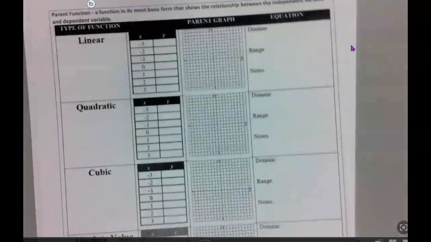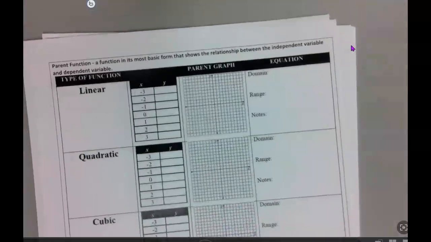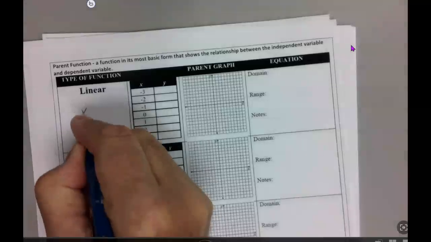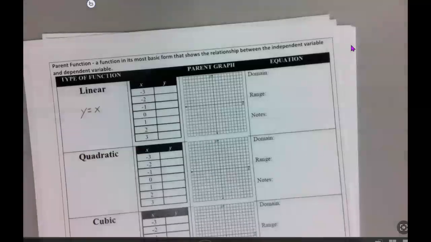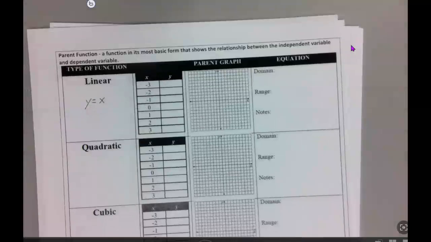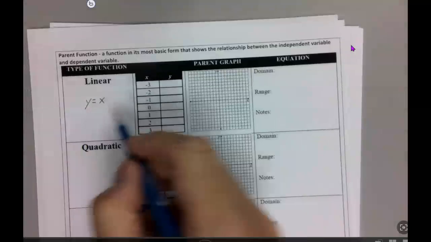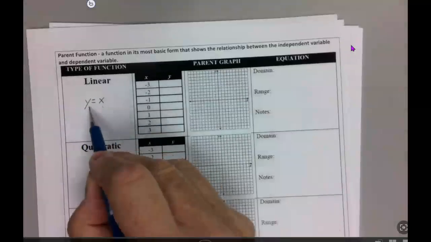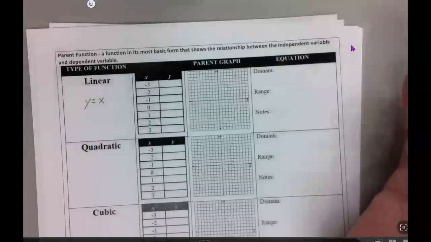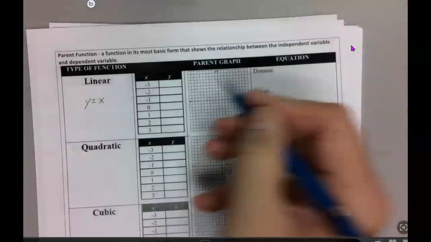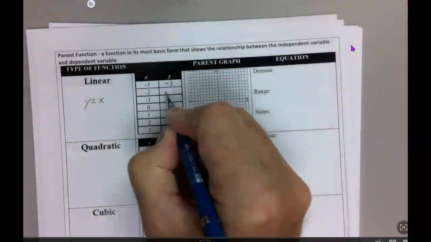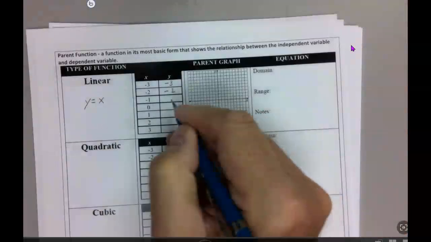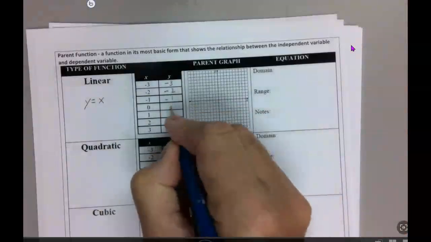Okay, so the equation for a linear is y equals x. So if I plug in -3 for x, what do I get for y? -3. So these are all going to be the same values. Whatever I put in for x, I'm going to get the same thing for y, correct?